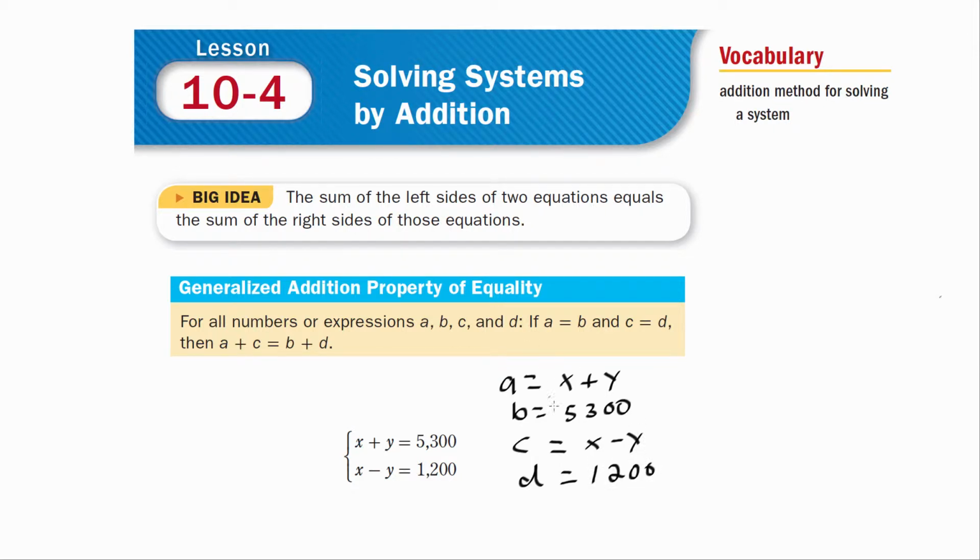From this property, we know that if we add the same thing to both sides of the equation, it remains equal, right? If a equals b, then a plus c equals b plus c.